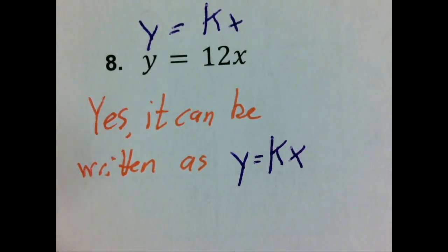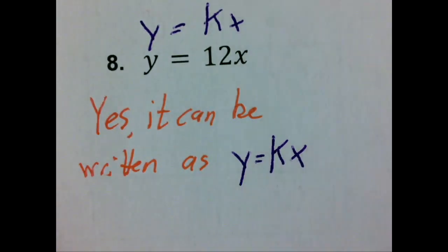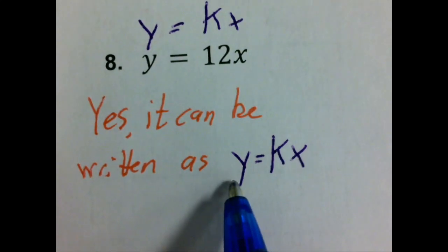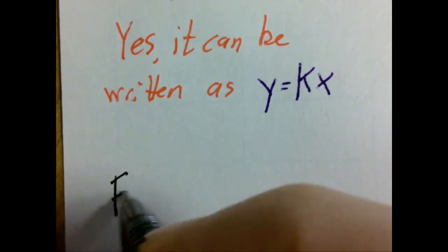You don't need to change colors, that's just what I do. But again, this y equals kx came from definition. The definition of a direct variation is it can be written in this form, y equals kx. So before we go find the yes on the other side, since we said yes, we need to find k.